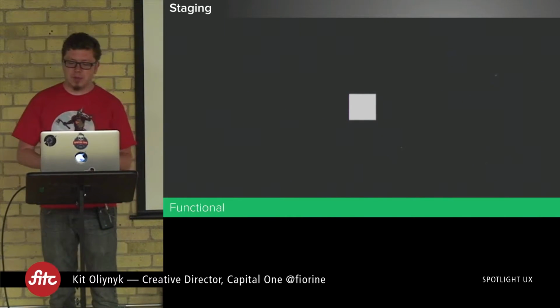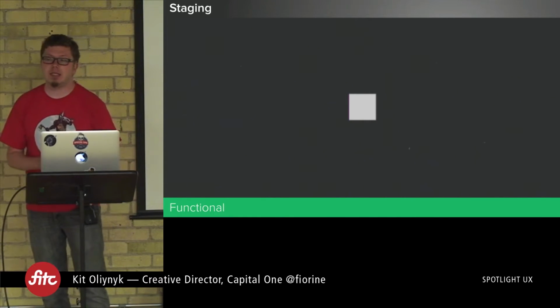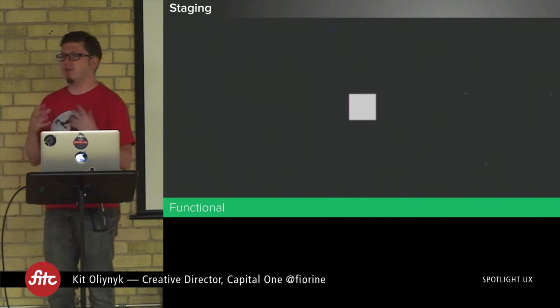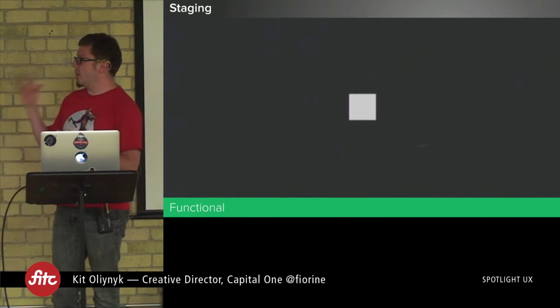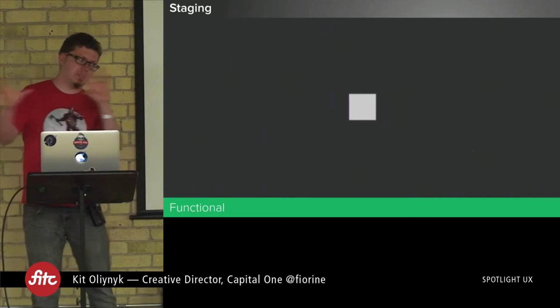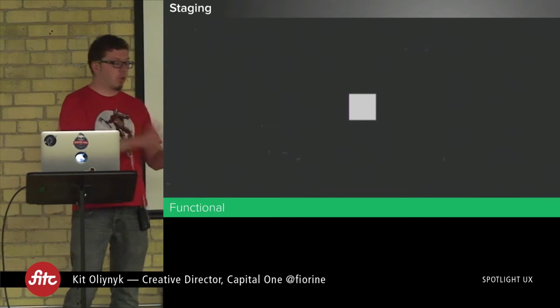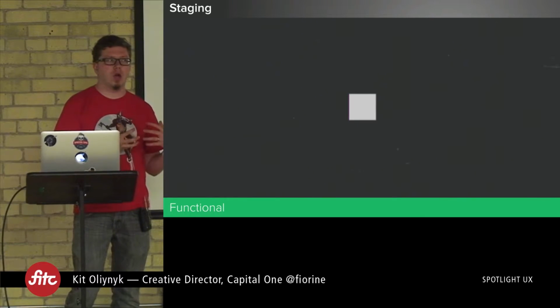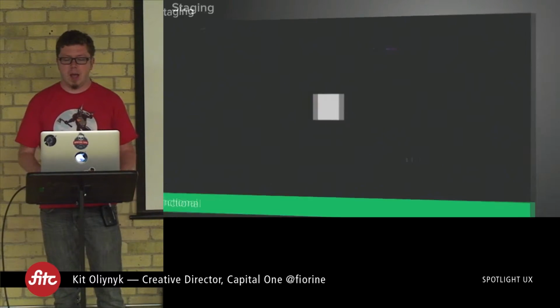Staging is the first principle, and it is about emphasizing the central idea of your animation, making it very exclusive for users. This is about directing one's attention to exactly where you want it to be, say the important piece of content or suggested next steps, suggested interaction, stuff like that.